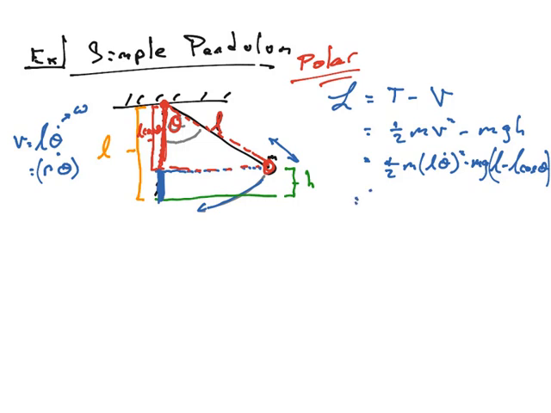And if I write this all out, I have 1/2 m L squared theta dot squared minus mgL plus mgL cosine theta. That's my Lagrangian. Right? Kinetic minus potential. What's the kinetic? 1/2 mv squared. However, I want to write it in terms of polar coordinates. And for polar coordinates, this is rotational motion, centripetal motion.